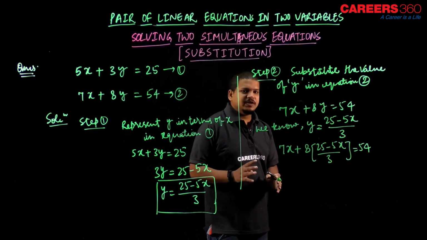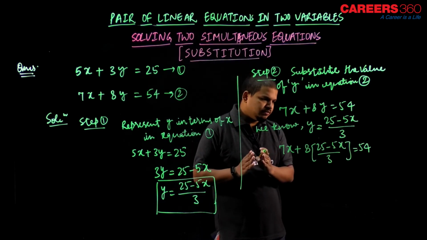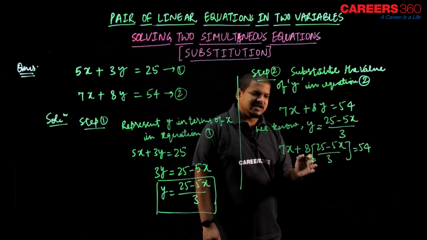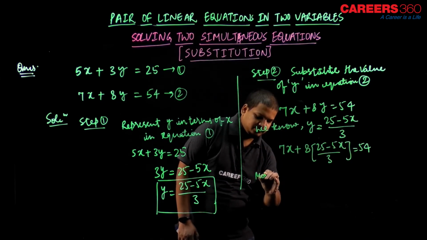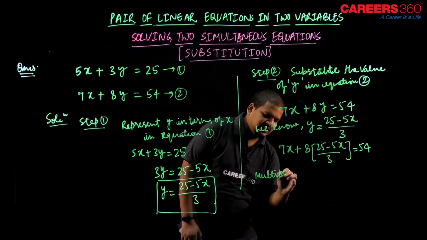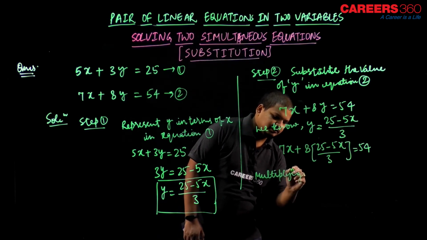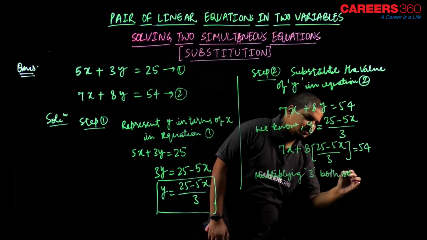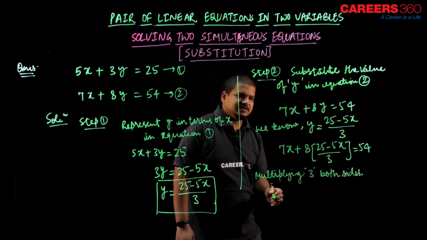Now in order to simplify, I am going to multiply by 3 on both sides.